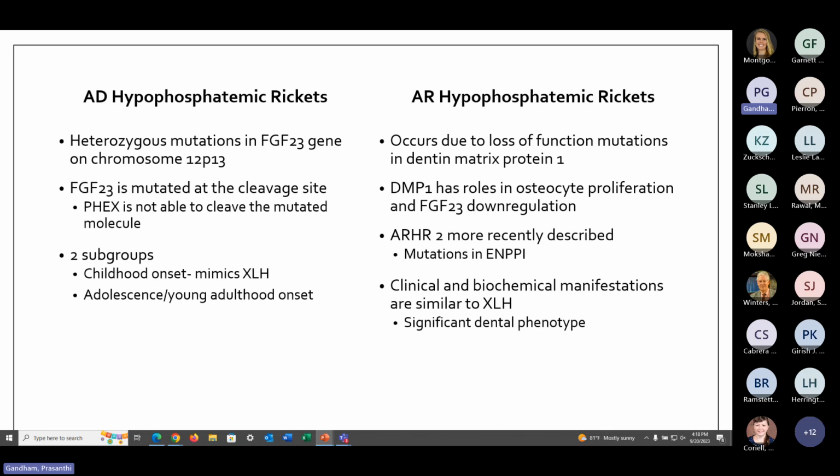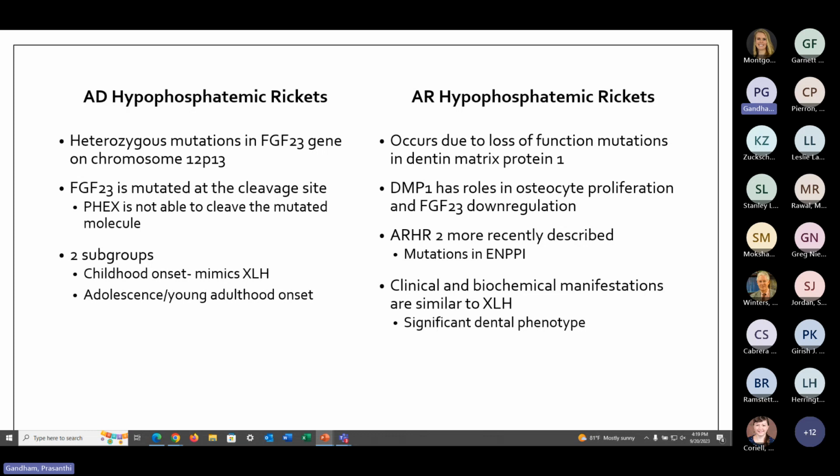ARHR2 is due to mutations in ENPP1. ENPP1 generates inorganic pyrophosphate, which is an inherent inhibitor of calcification. When you have a deficiency in ENPP1, you have insufficient pyrophosphate, which leads to vascular calcification, but it does not cause concurrent increased bone mineralization. Instead, you have an increase in FGF23, which ultimately results in hypophosphatemia.